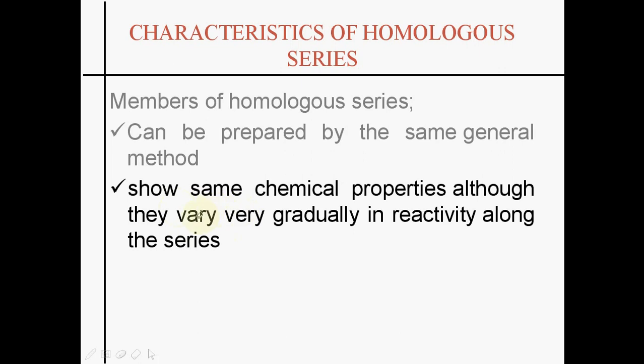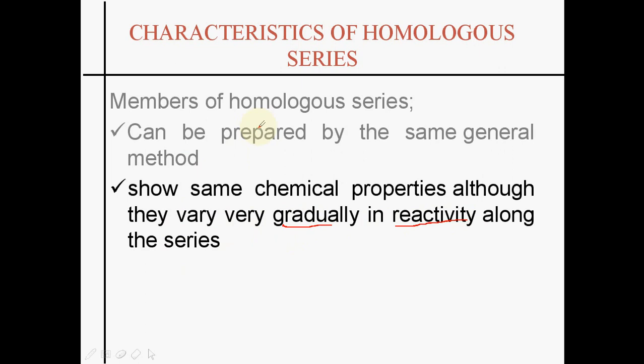This comes in because as we move along the series, we increase the number of carbon atoms. We also increase the molecular mass. As the molecular mass or the number of carbon atoms increases, there is a gradual change in the way each particular member reacts in a given homologous series.